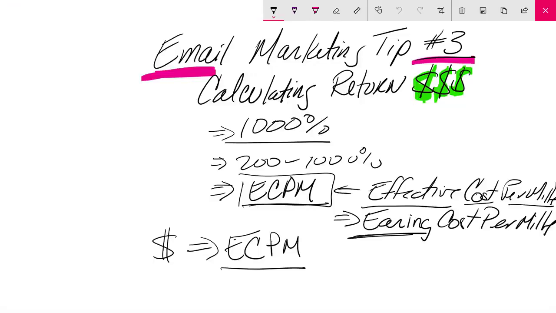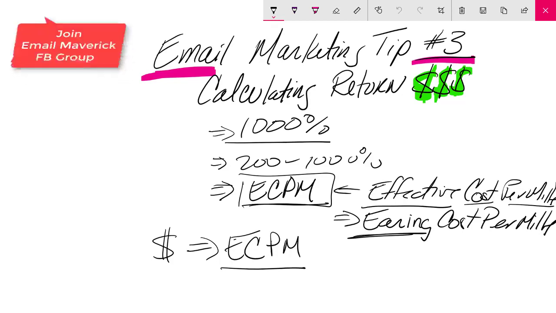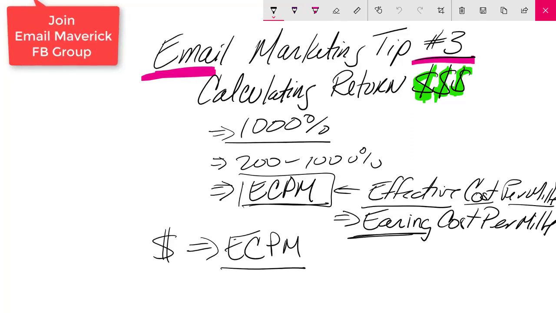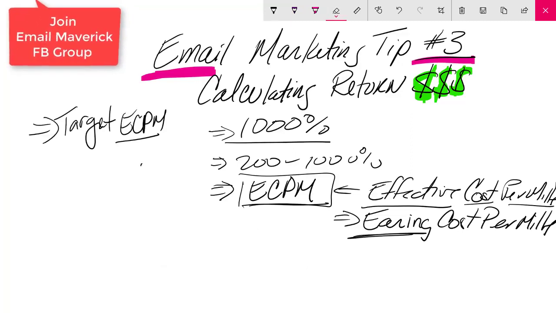All right, so now you're probably wondering, yeah, but what should be my optimal ECPM? Right? What should I be aiming for? What do I need to target in order for me to know how effective my email marketing campaigns are? And that's a great question, right? So let me break it down for you this way first. There's two things to consider when setting this target ECPM.